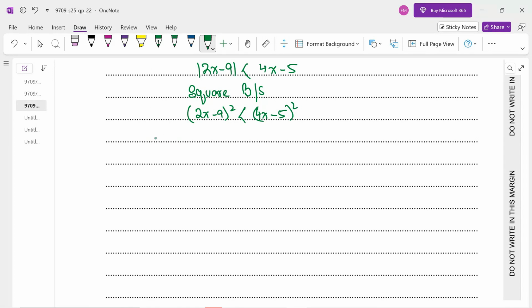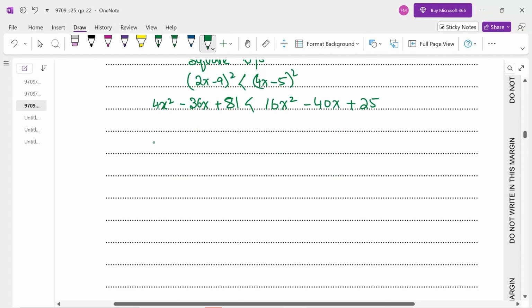Let's solve it. We will have 4x square minus 36x plus 81 less than 16x square minus 40x plus 25.